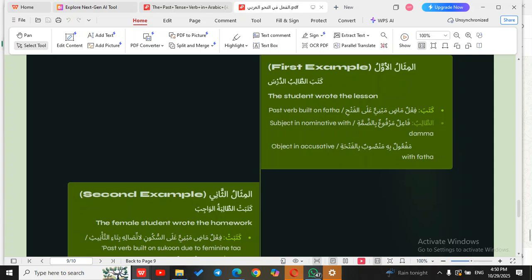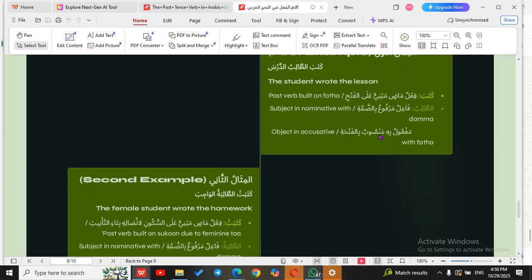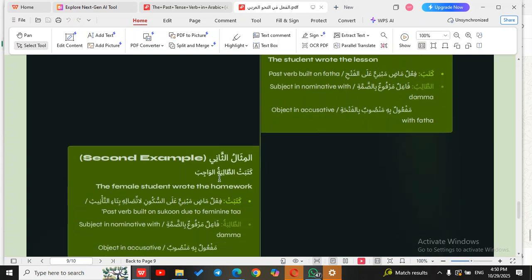The reason is that this ta, we normally use it to differentiate between the masculine gender and the feminine gender. For the masculine, we say kataba, he wrote. But for the feminine, we add the ta to differentiate between the masculine and the feminine. So it is katabat, she wrote. Now, katabat al-talibatu al-wajiba, the female student wrote the homework.